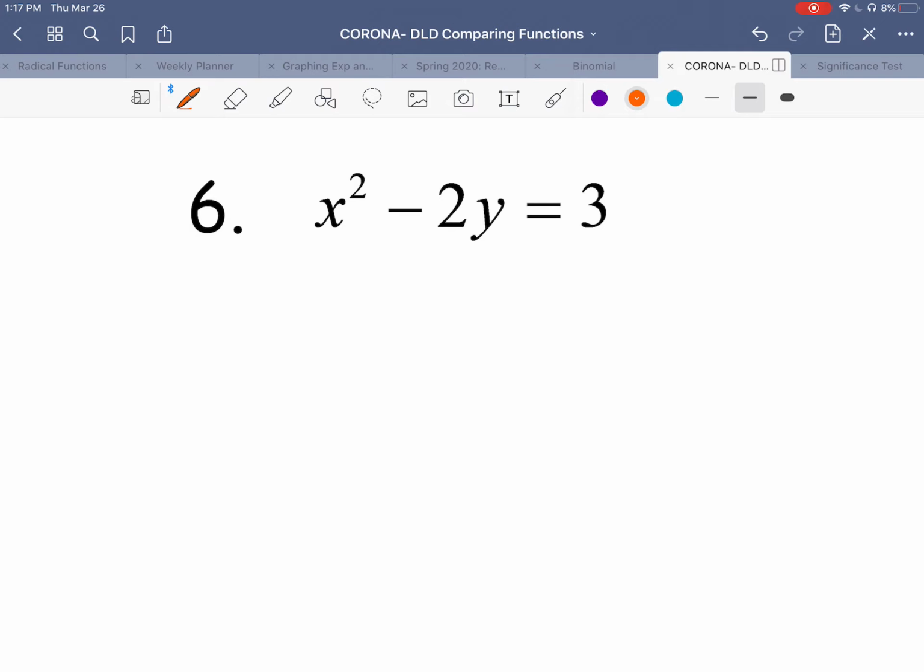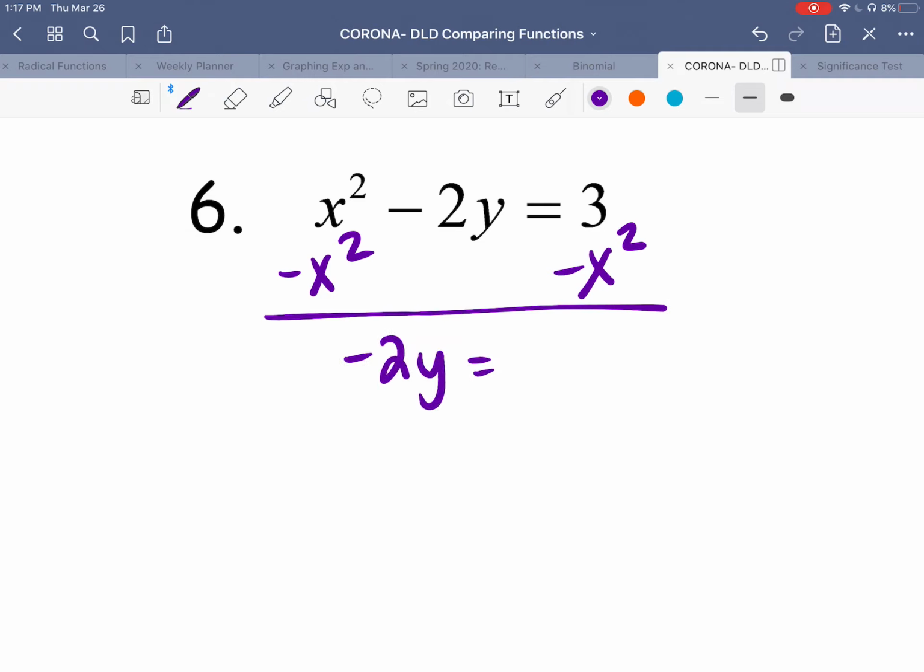Number 6, subtract x squared. Negative 2y equals negative x squared plus 3. Divide by negative 2.